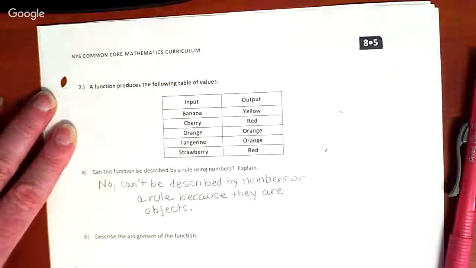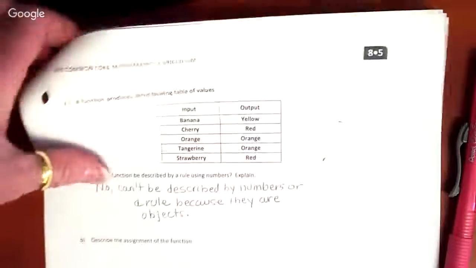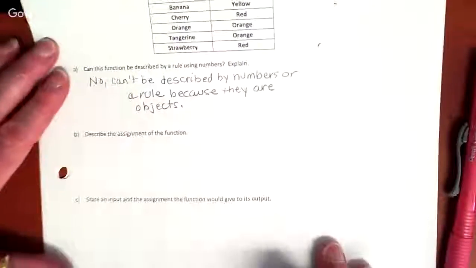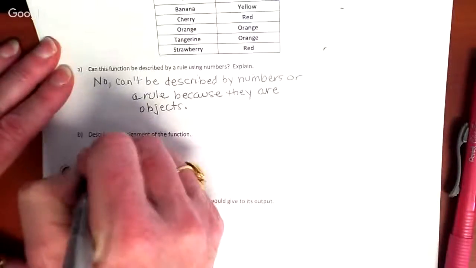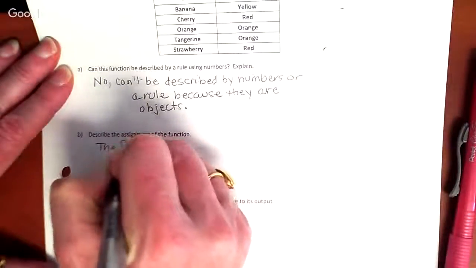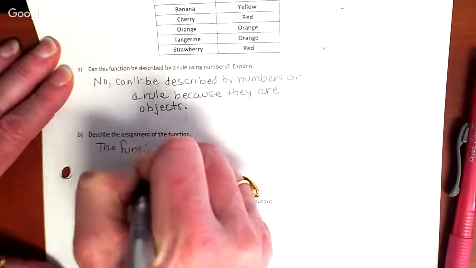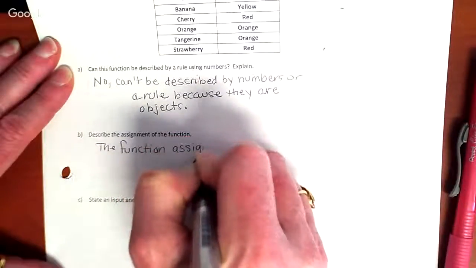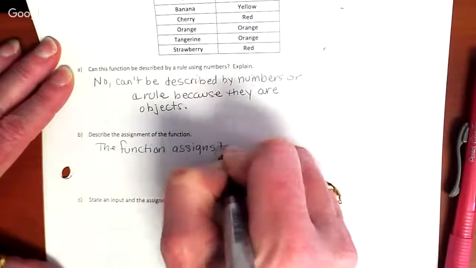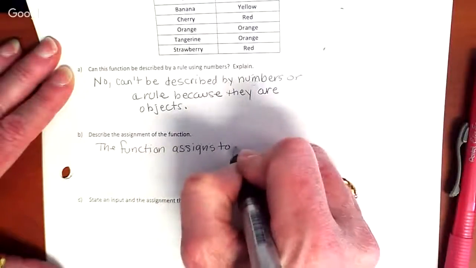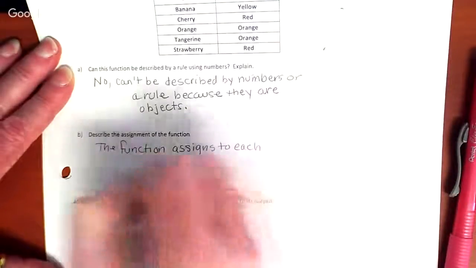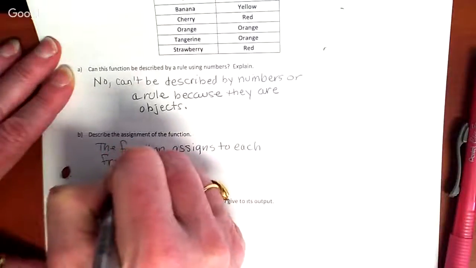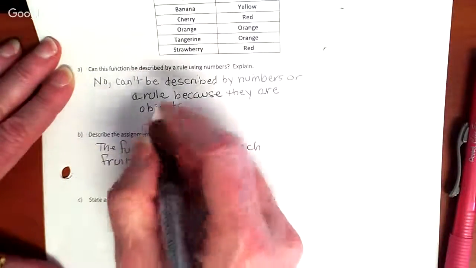It says describe the assignment of the function. The function assigns to each fruit the color of its skin.